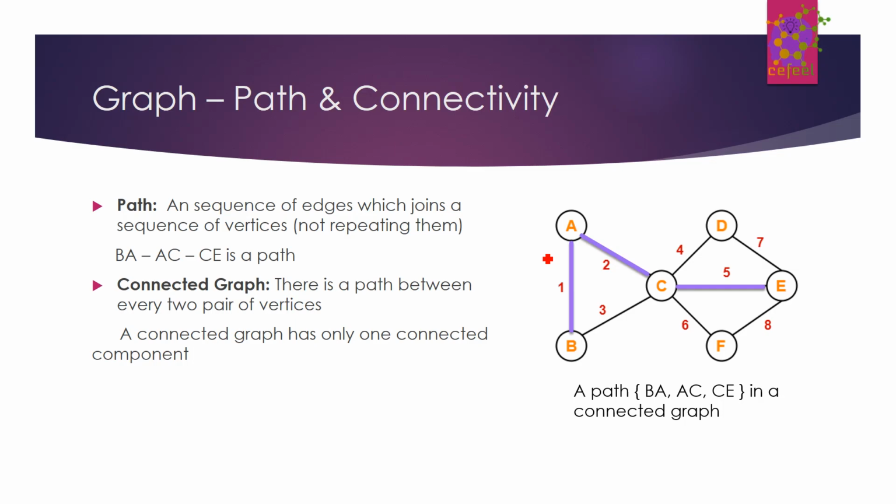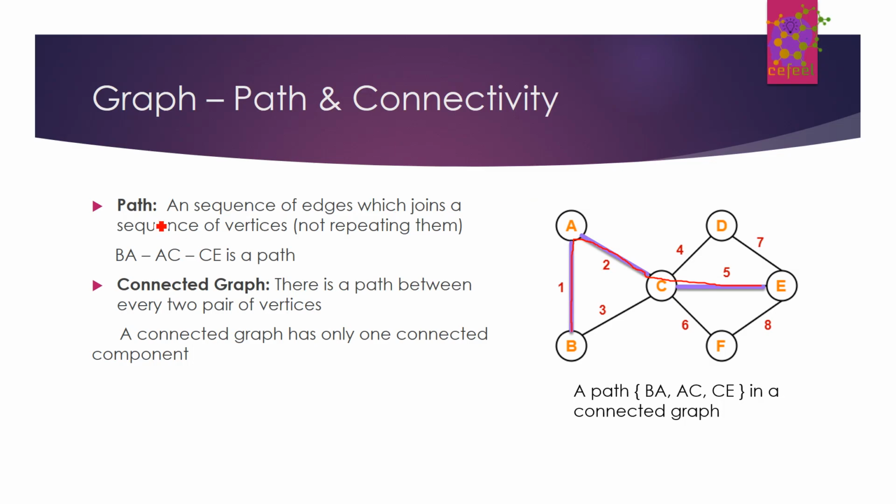Let's just see path. In this case, I have given an example. A path is from B to A, A to C, and C to E. Remember, all these edges and vertices have to be adjacent and non-repeating.